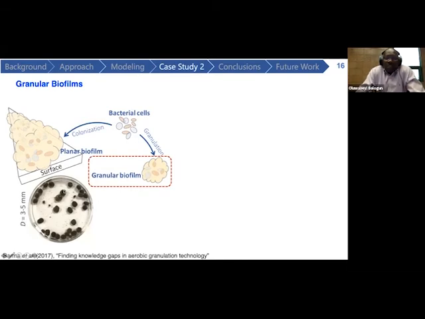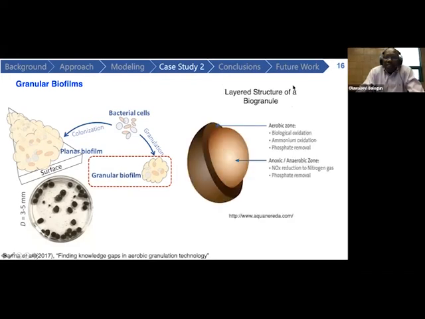And what we were interested in doing is to understand exactly how the internal structure plays a role in the viscoelastic properties. The literature suggests that these granular biofilms have a layered architecture. They're supposed to have a gradient in oxygen concentration from the surface all the way to the internal region, right?